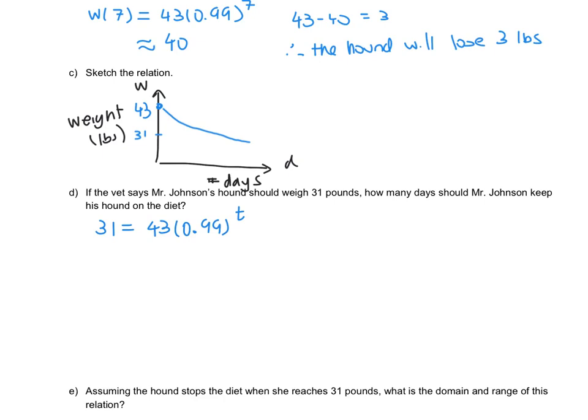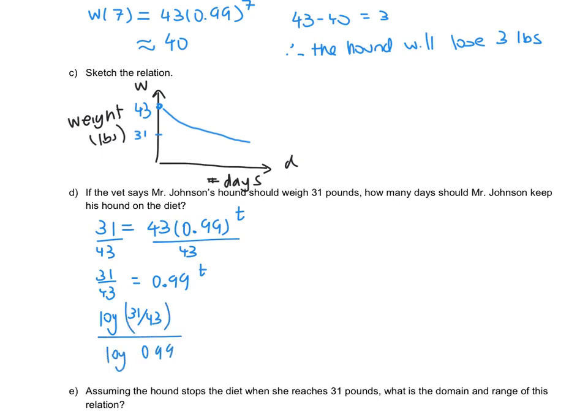All right, so first thing, we're going to divide both sides by 43. And I'm just going to keep that 31 over 43 because I don't want to cut down on my decimals. And now, to get that common base, you want to do log of that 31 over 43 divided by log of 0.99.